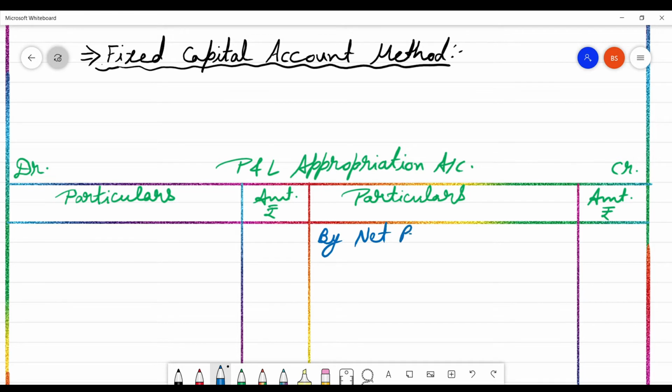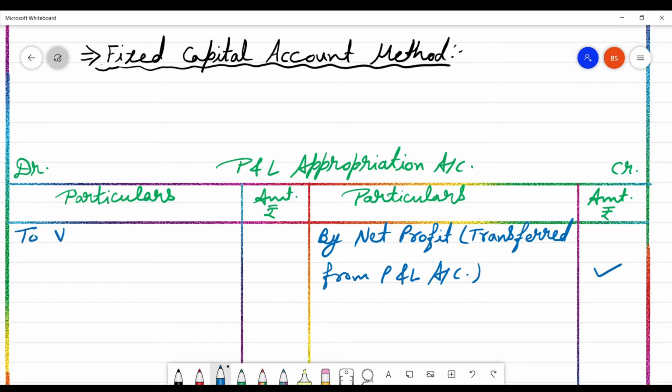By net profit transferred from P&L account, or if a loss is given, you have to write down to net loss transferred from P&L account.